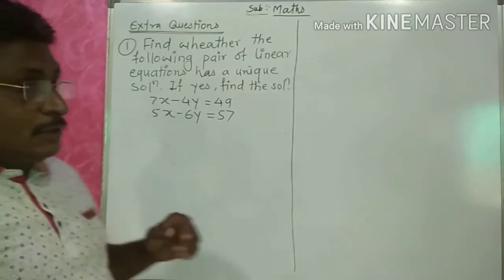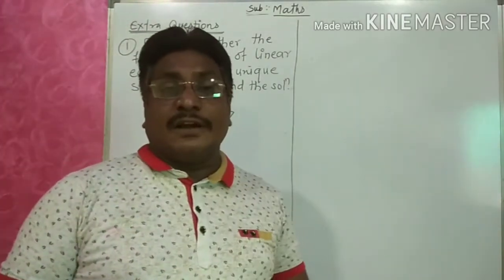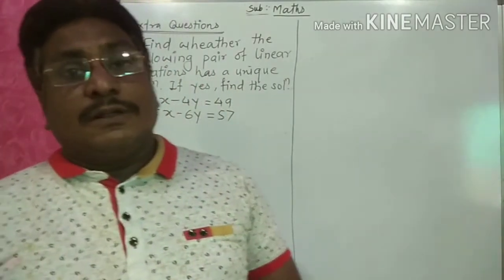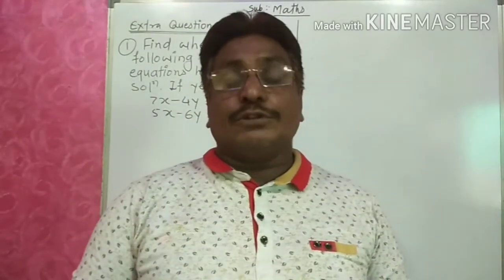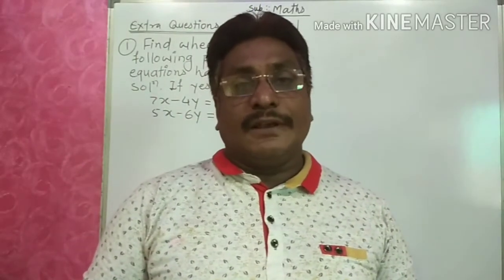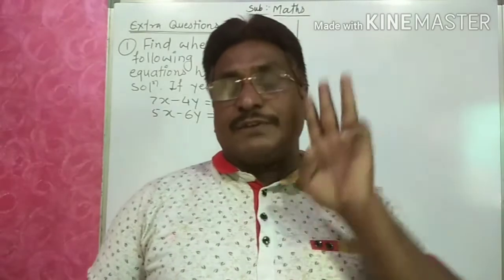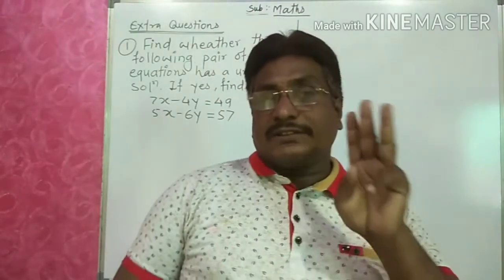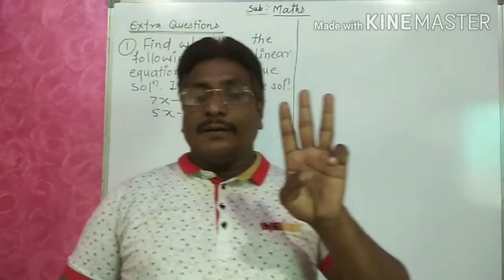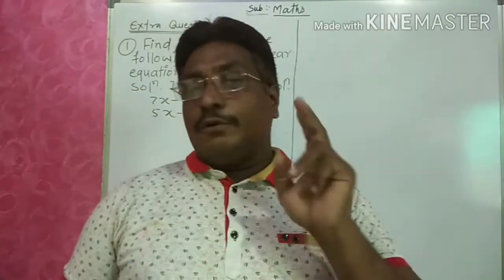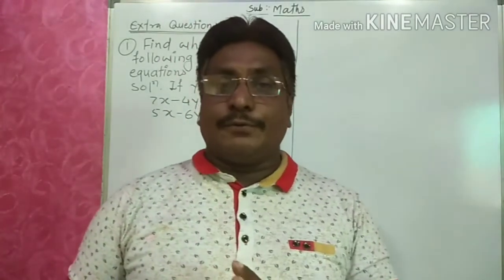Unique solution, so already we studied the conditions for the solutions of a pair of linear equations. Three conditions we studied. Which are the three conditions? Remember, a1 by a2 not equals to b1 by b2.